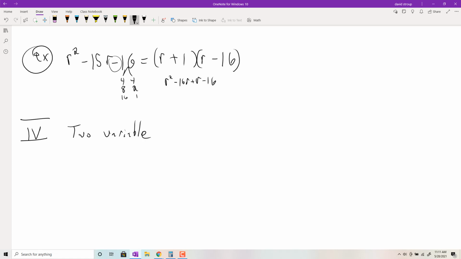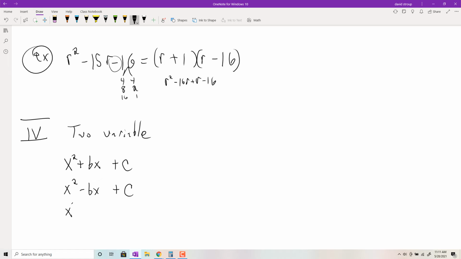So our forms, as of right now, what do we have? x squared plus bx plus, I'm going to leave a little space, c. That would be one form. And then we have x squared minus bx, leave a little space, plus c.